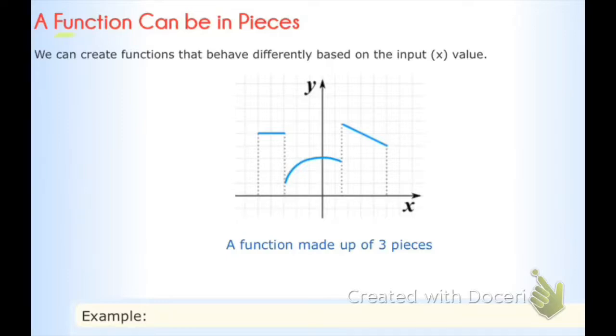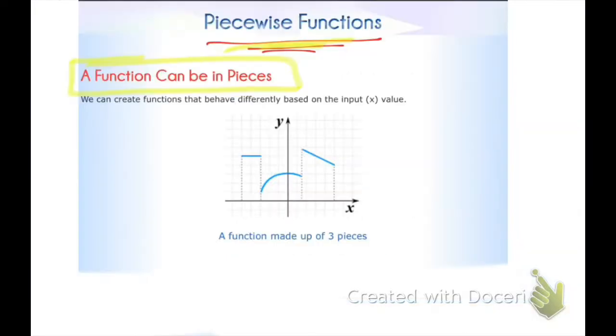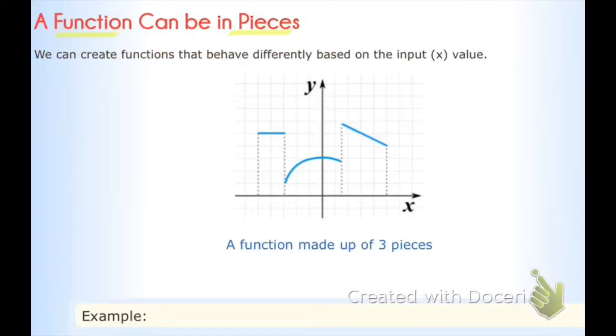So if we're looking at a function in pieces, a piecewise function, we're going to be looking at a graph that has different sections to it. So we can create functions that behave differently based on our x inputs, our values for x that we put into a function.